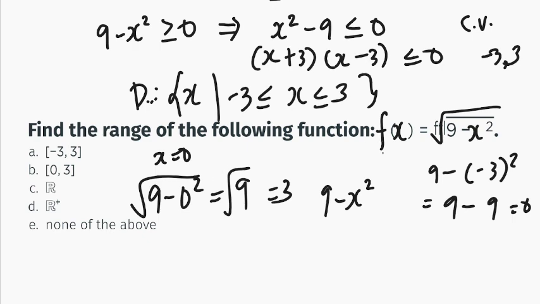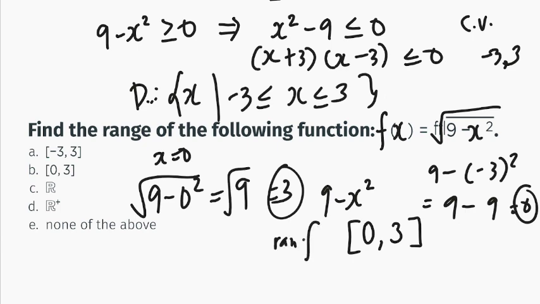So essentially, our values of y are just between 0 and 3. So we have here the set from 0 to 3 as our range. So letter B.